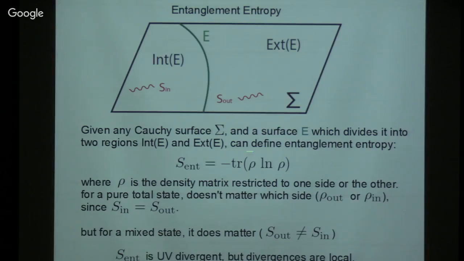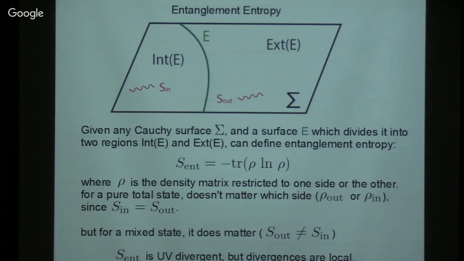Then the most interesting information theoretic quantity you can write down is the von Neumann entropy, minus trace rho log rho, of this density matrix. Now, if you started with a pure state, it doesn't actually matter which side you restrict to, you get the same answer. If you started with a mixed state, it does matter.